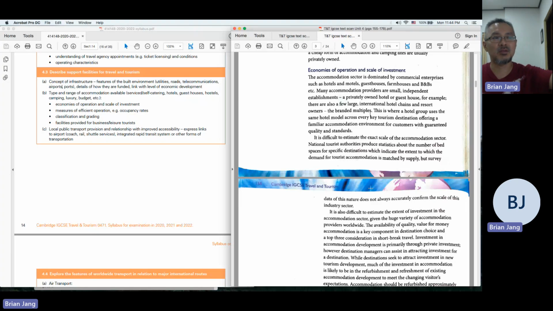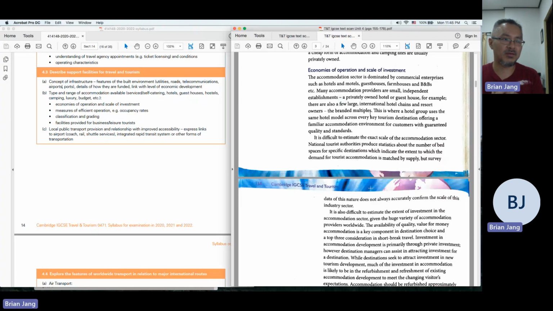The economies of operation and scale is more about whether there is a range of accommodations for the different budgets at the destination. People who are on a budget versus those who want a luxury experience, is that range there? Depending on the range, you can sense how well a destination is doing.